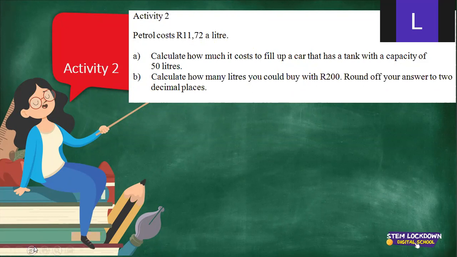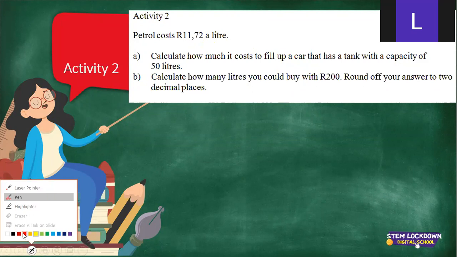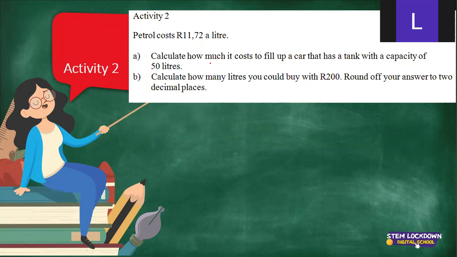Now, let us read together and analyze the question, and I'll let you do it in a few seconds. Petrol costs 11 Rand 72. At this time it cost 11 Rand 72, and now I think it's gone up per liter. So for each and every liter you'll need 11 Rand 72 cents.